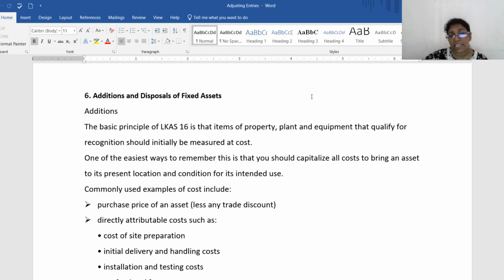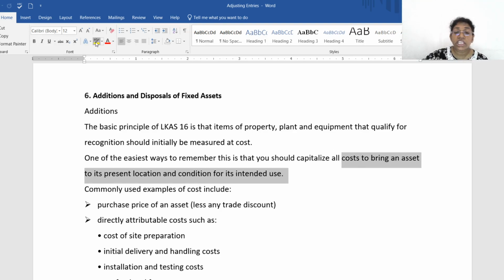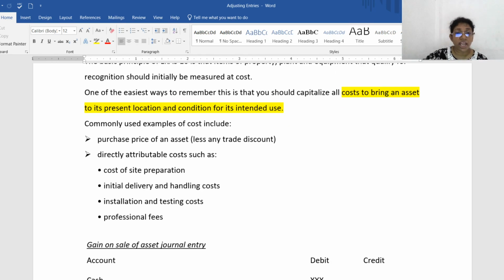Here we are going to capitalize the purchase cost and the cost of bringing the asset to its present location and condition for the intended use. Based on that, the following costs should be added: the purchasing price, the cost of site preparation, initial delivery and handling cost, installation cost, and professional fees.